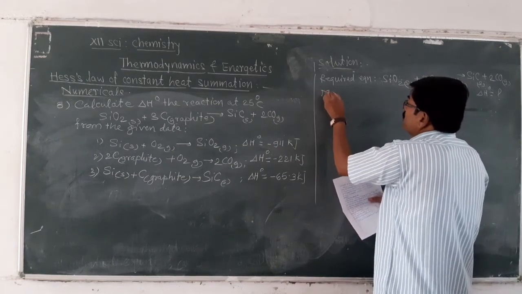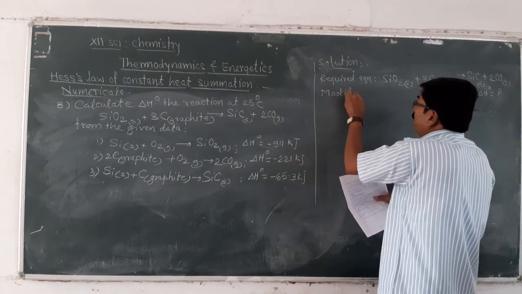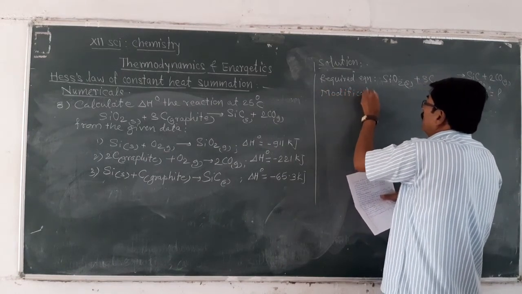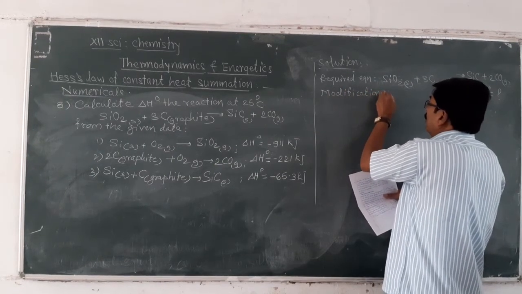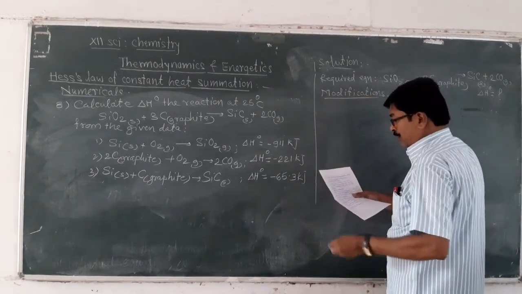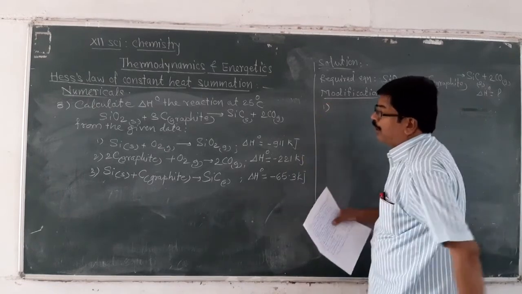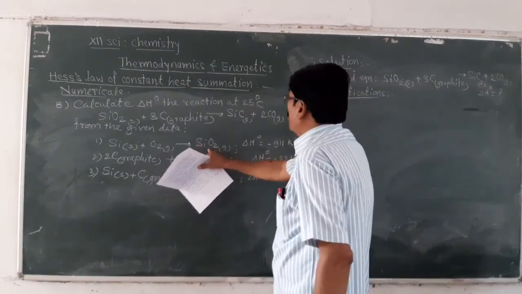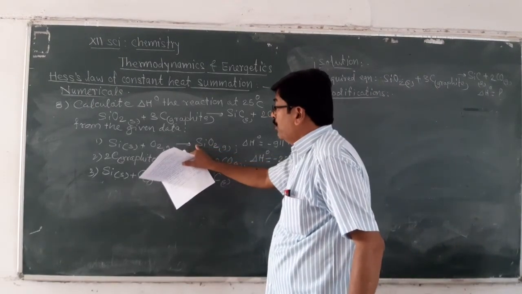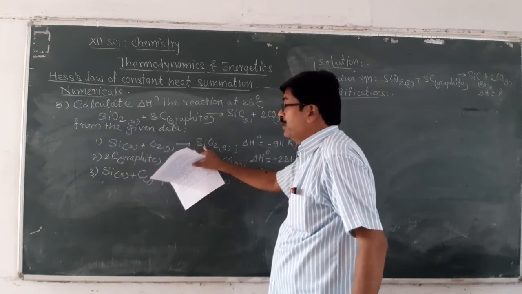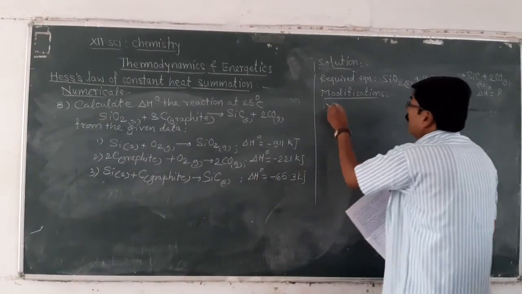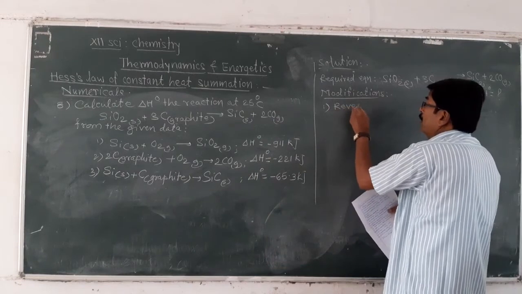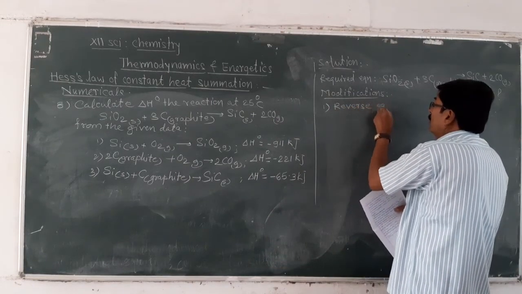What modifications are done to obtain this equation? First of all, we want SiO2 on reactant side, but in equation 1 it is present on product side. Therefore, reverse equation 1.